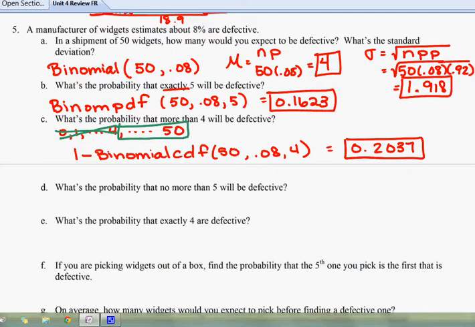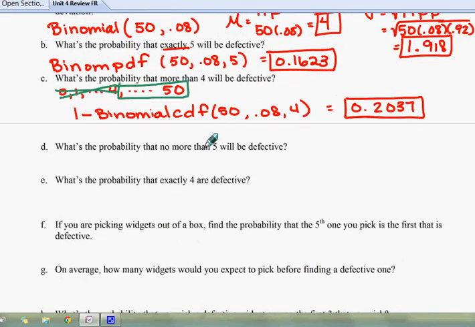Now, D kind of switches our language a little bit, and we're saying what's the probability that no more than 5 will be defective? Well, that means that of the 50, no more than 5 will be defective, means it's okay for 5 to be defective. We're not wanting the rest of them.